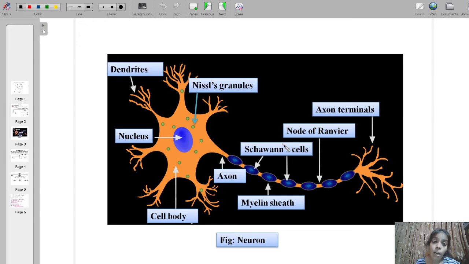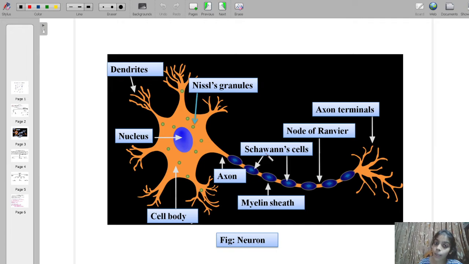Then how come people suffer from brain tumor? Because brain is made up of neurons, but it is not only made up of neurons, it is made up of neuroglial cells also. So neuroglial cells can divide. After birth also they can divide. And if their division becomes uncontrolled, that may lead to tumor.